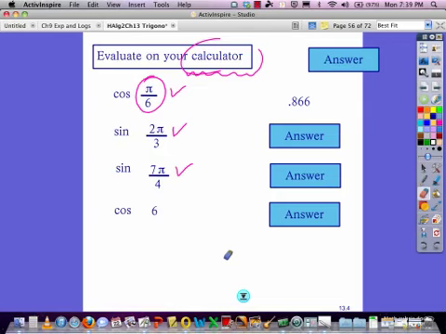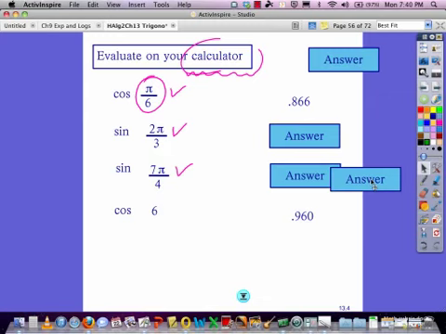I don't know, but some number gives me 6, and that's already been multiplied out. So in this case, you would just do cosine and put your 6 in, because that's already in radians, and ask the calculator to evaluate. I'm getting a 0.960-ish, and so rounded. So try the other ones, and don't get mistaken for something that is not in radians.